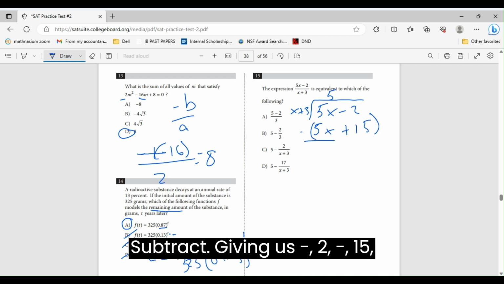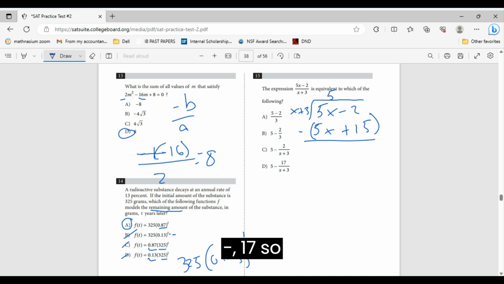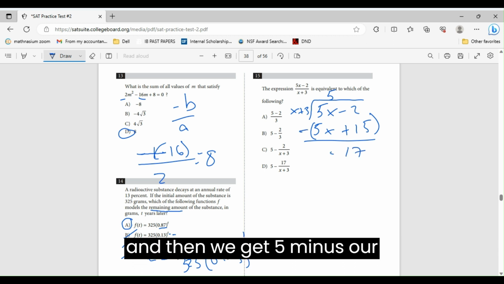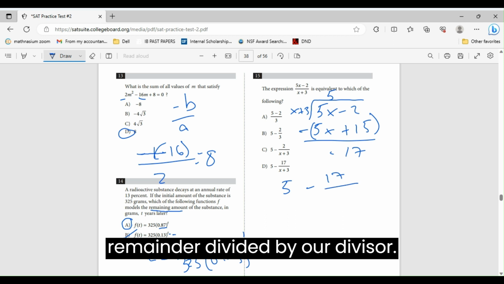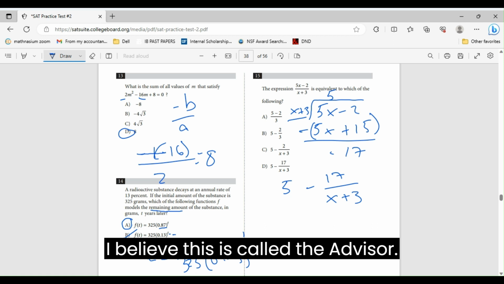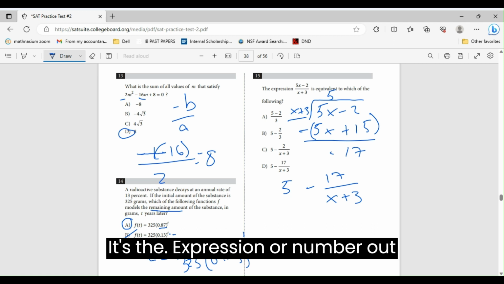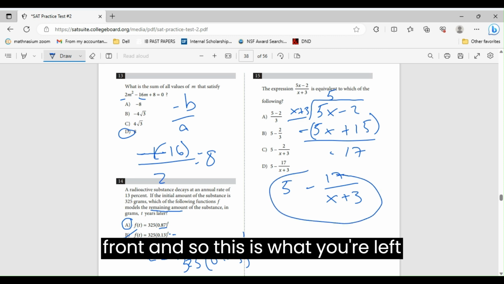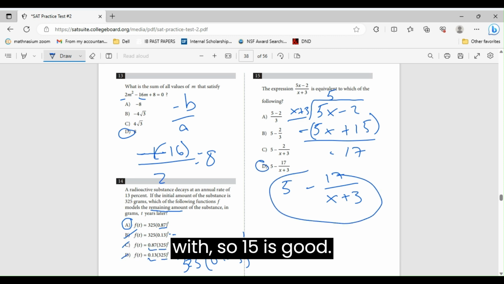Subtract, giving us negative 2 minus 15, so negative 17. And then we get 5 minus our remainder divided by our divisor. I believe this is called a divisor. It's the expression or number out front. And so this is what you're left with. So 15 is D.